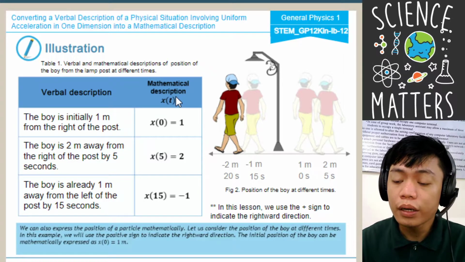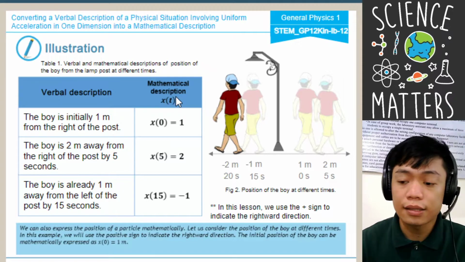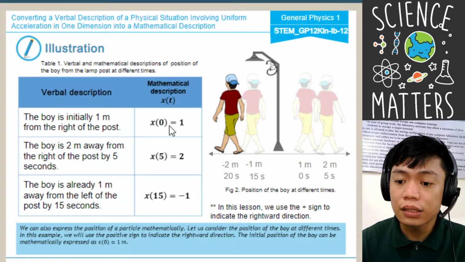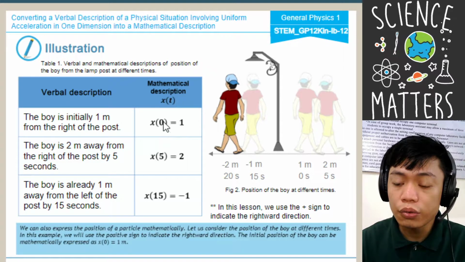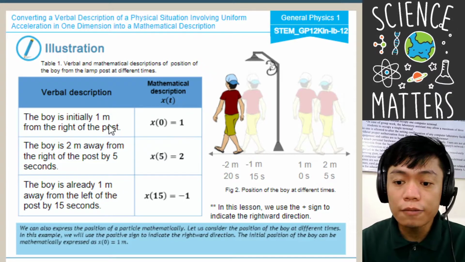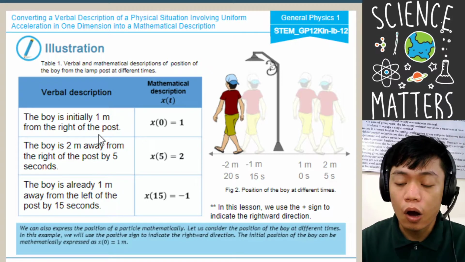Now, we are going to integrate distance with this. The mathematical description x0 is equal to 1 means the boy is initially 1 meter to the right of the post.